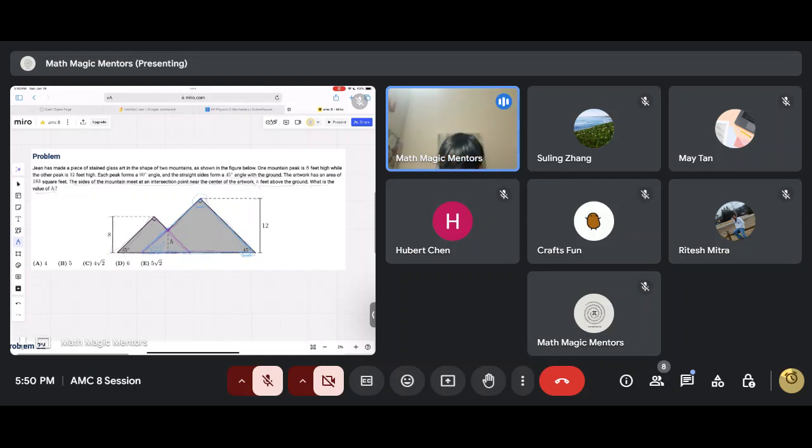If we say this is x, and the side opposite to this 45 degrees is, not 12, but this height is 12. So if we say that this is also x, what can we say about both x's? They're equal, right? I kind of gave that away.